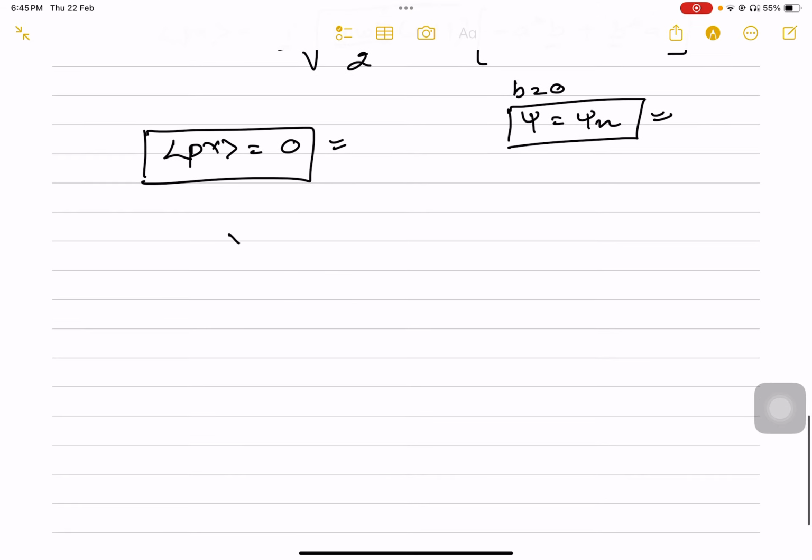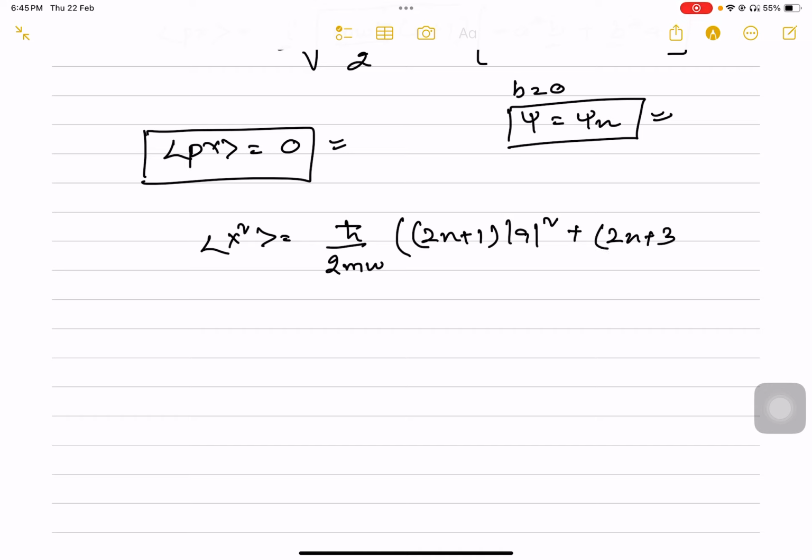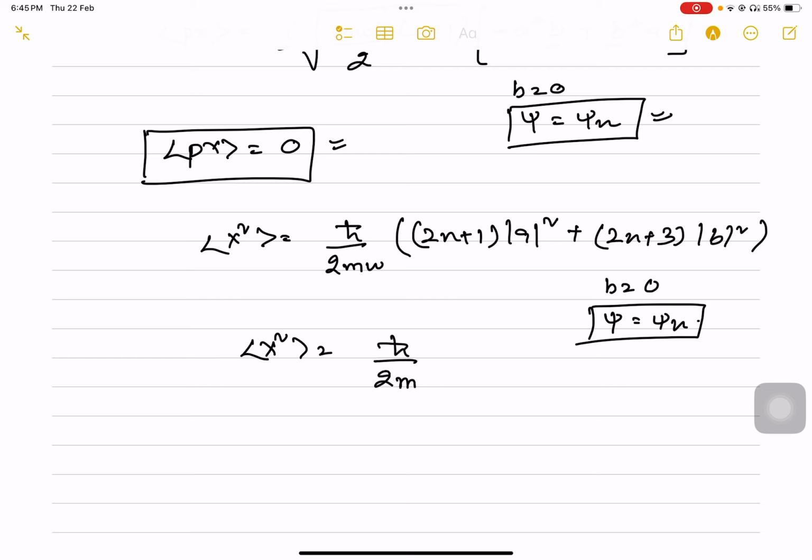What about x square? You have to remember, just square it. It is h cut upon 2m omega, with just a variation: 2n plus 1 mod of a square plus 2n plus 3 mod of b square. If b equals 0, psi equals psi n, then x square equals h cut upon 2m omega.